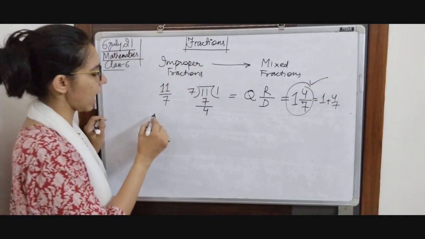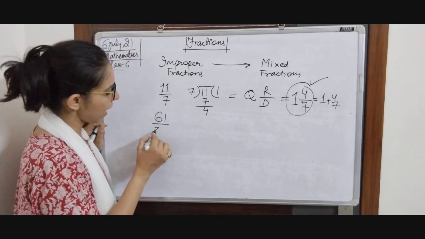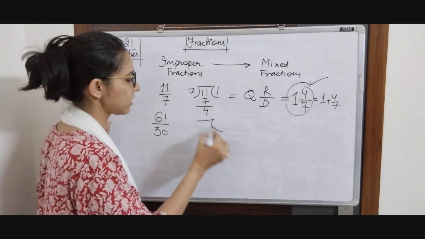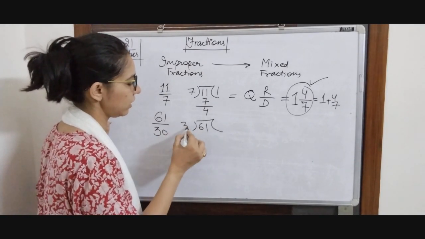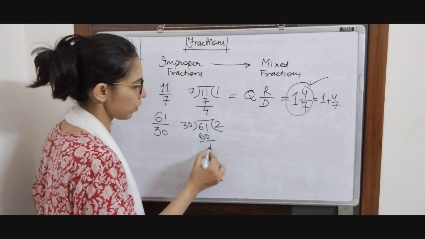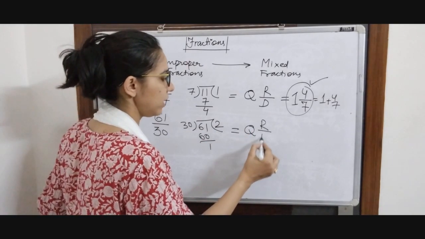Now suppose we have 61 by 30. We will divide 61 by 30. It is going to be 2 with remainder 1. So it is going to be quotient, remainder by divisor.